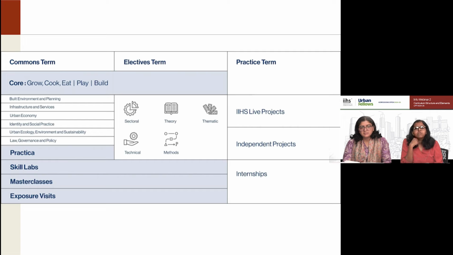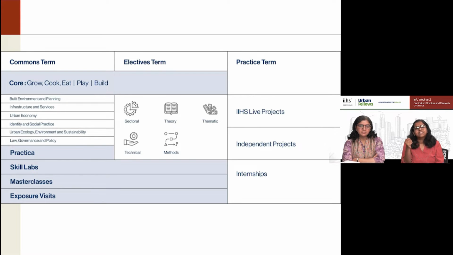This program is structured across three terms: commons term, electives term, and practice term. It is in this first term, the commons term, that we collectively or jointly create a vocabulary or a language around the urban. This then helps us to move towards the next term, the electives term.